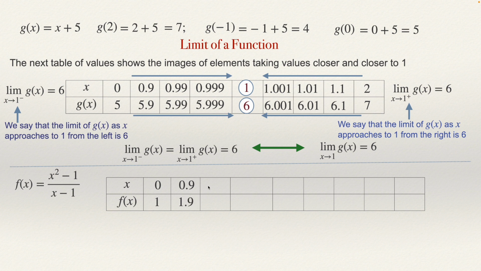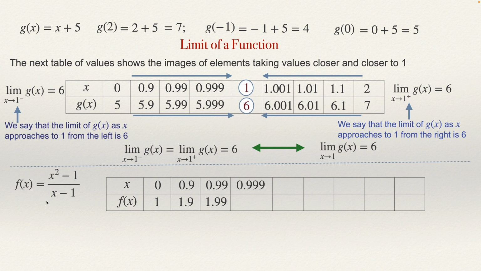If I substitute by 0.99, make a substitution here, please use your calculator, 0.99 squared, and here 0.99. You will notice that the value is 1.99. Or what happens if you substitute 0.999?